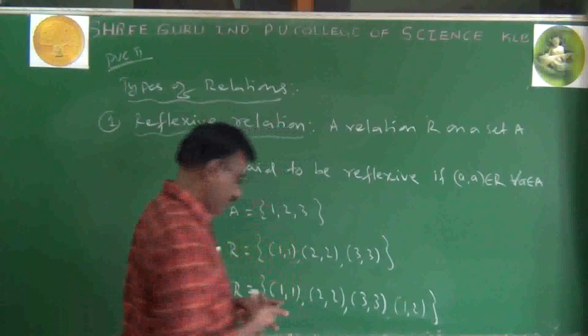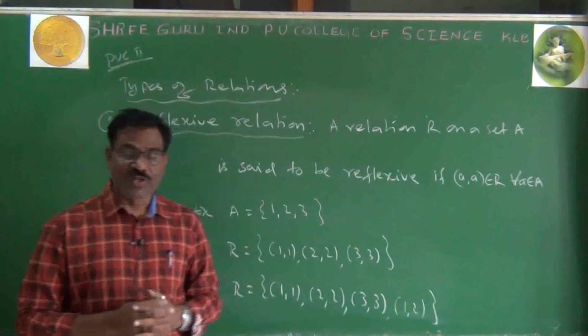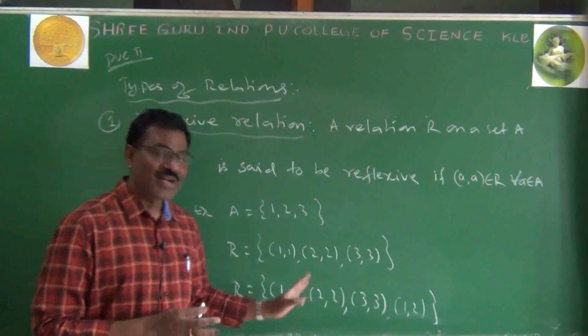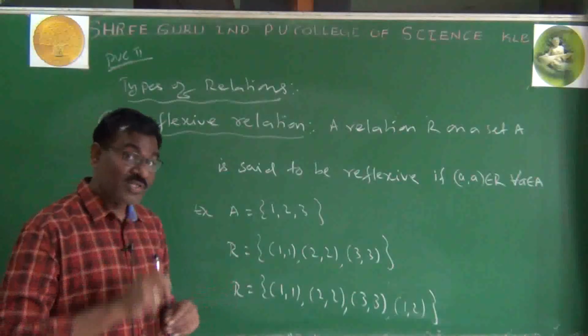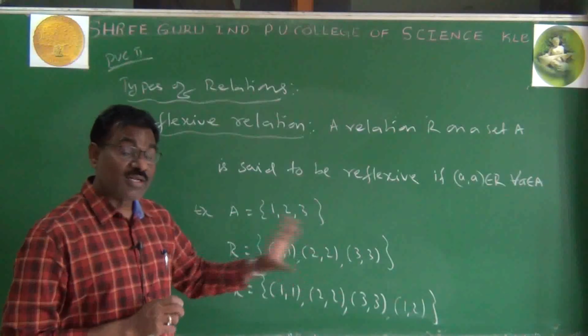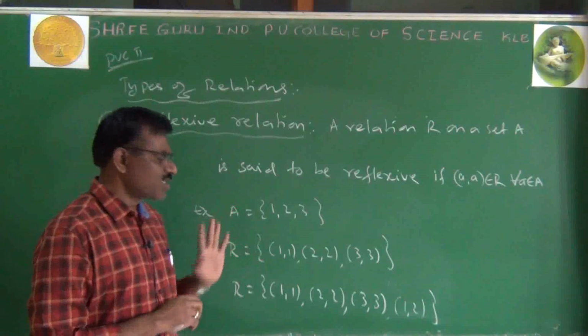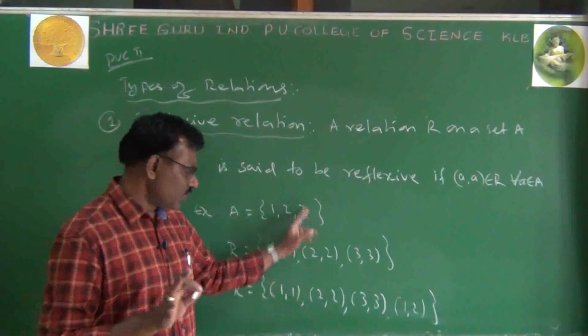Students ask, sir, whether it is a reflexive relation or not. This is 100% a reflexive relation, because what is the definition? Every element of the set is related. You see, the set is very important: (1,1), (2,2), (3,3).